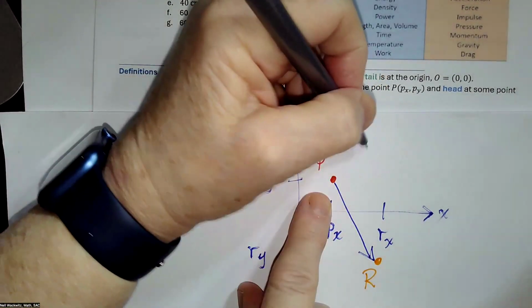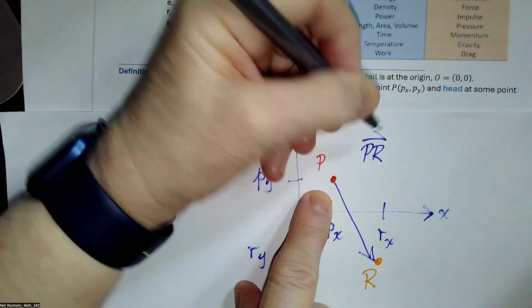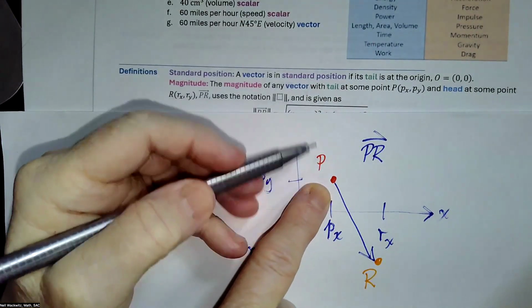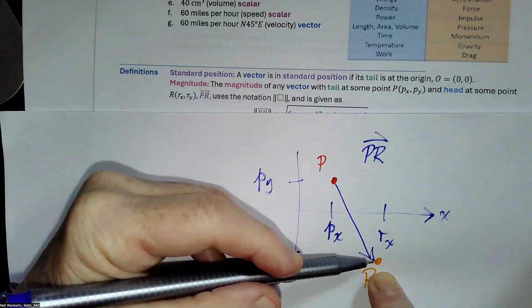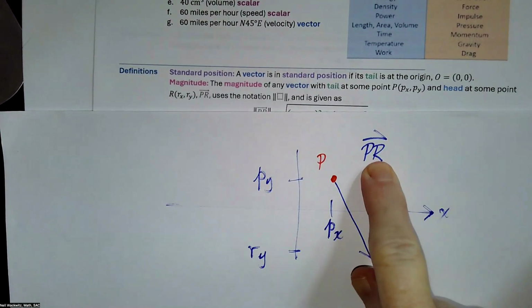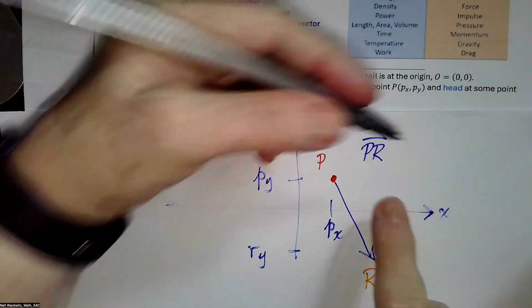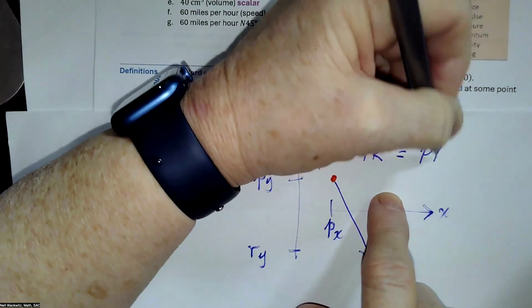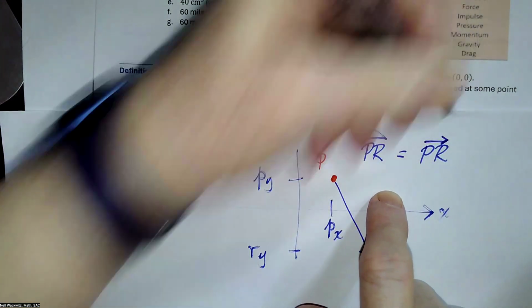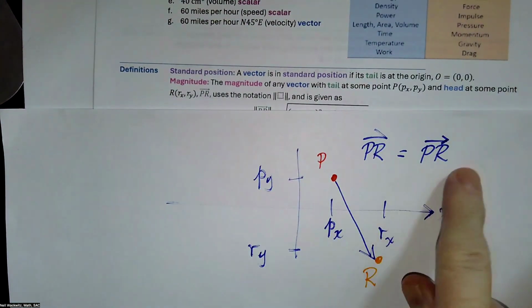So we would say that for PR, the tail is at P, pardon me, the head is at R. That means it's going from P to R. And we illustrate that. Sometimes you see a half arrow, and sometimes you just see a regular little arrow. But this means from P to R.